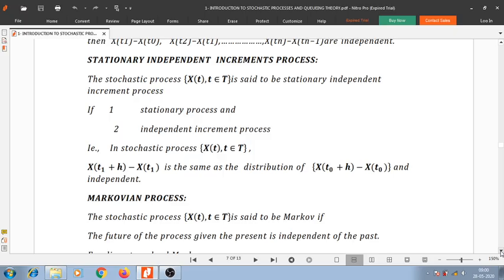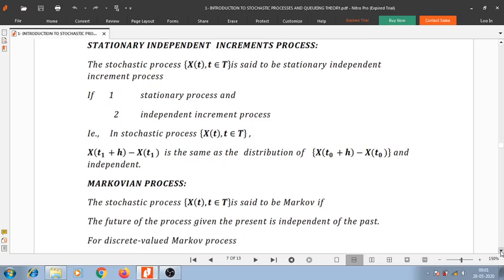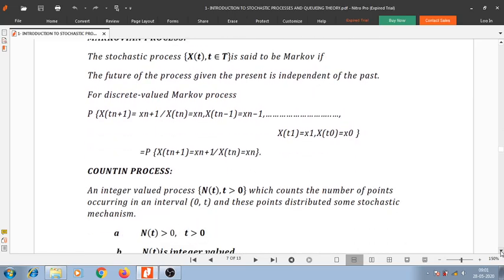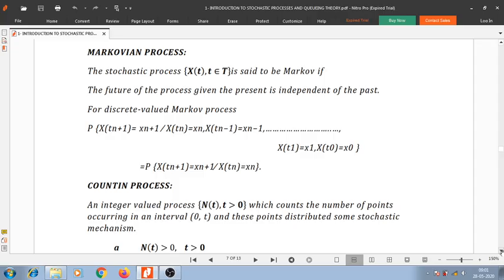Very strictly, in a stationary independent increment process, the occurrence of the events depends upon the length of the time interval only, but not where it is located. So stationarity exists as well as independent increments.